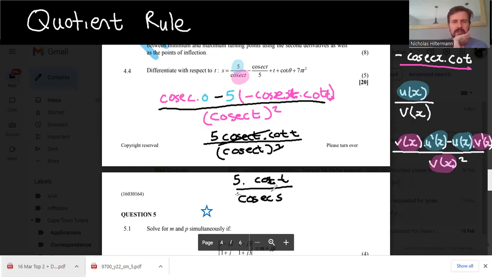Because now I want to do the chain rule to see if I get the same answer. So I have 5 cot t over cosec t.